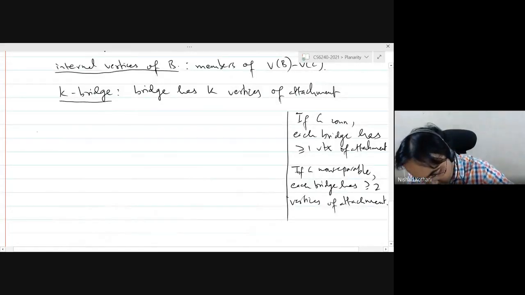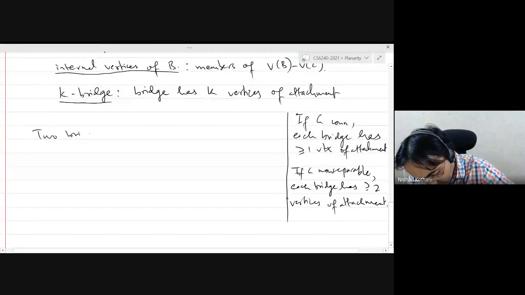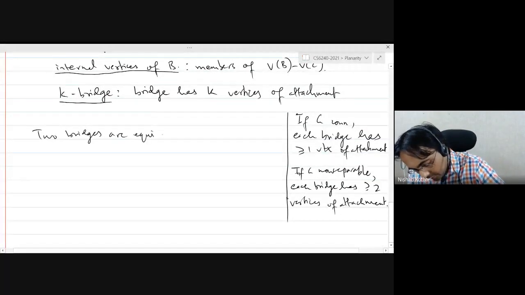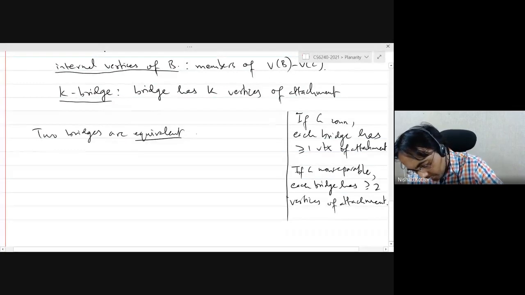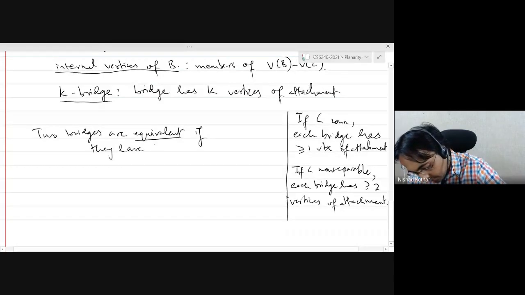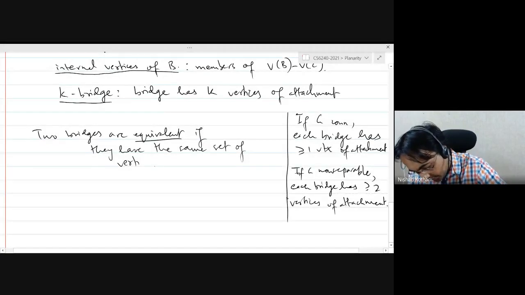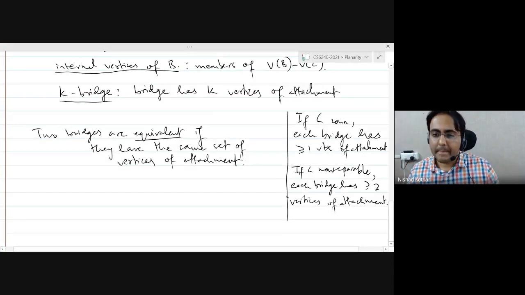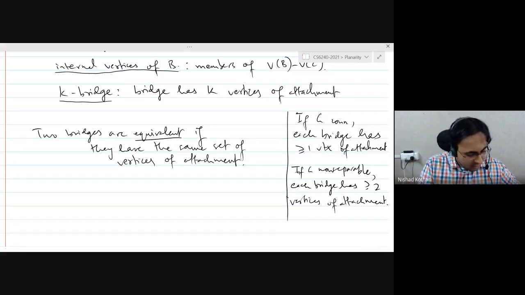So 2 bridges are equivalent if they have the same set of vertices of attachment. Okay, good.